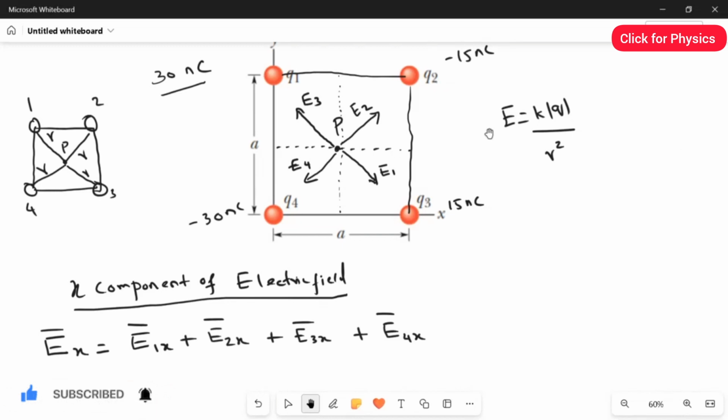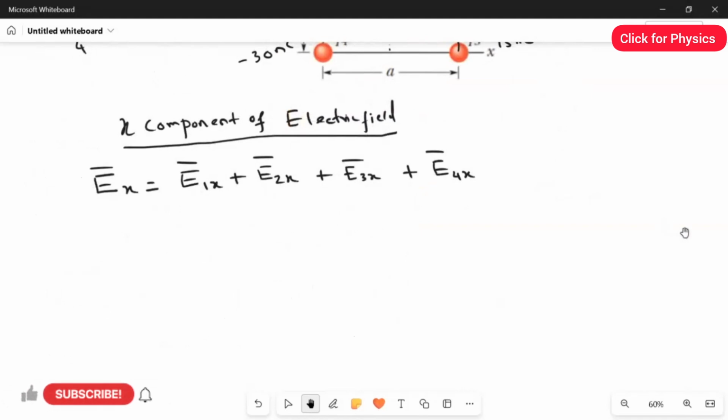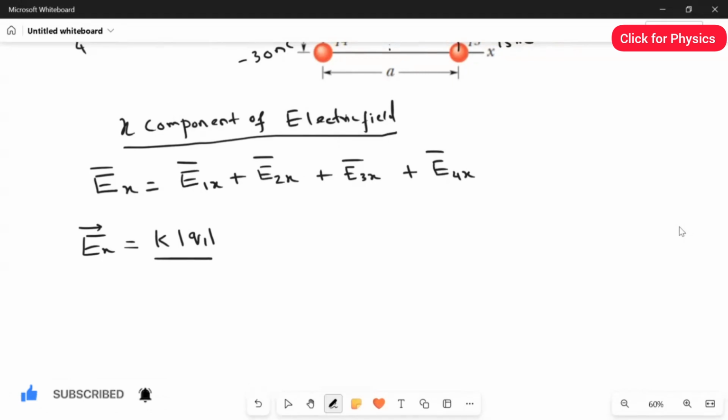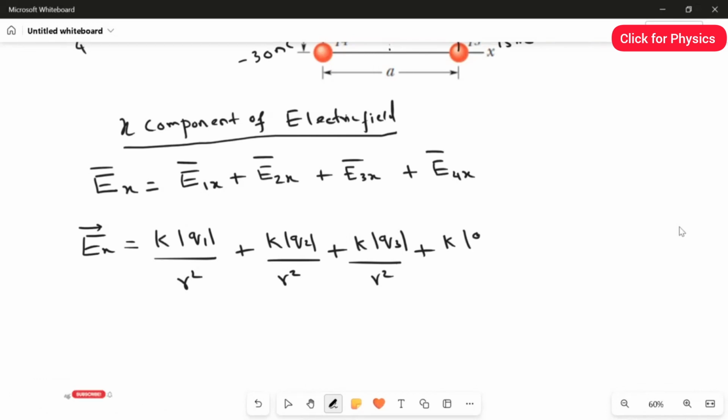Now I am going to substitute this formula. If you substitute, what you will get? E of x vector is equal to K magnitude of the first charge divided by r square, plus K magnitude of the second charge divided by r square, plus K magnitude of the third charge divided by r square, plus K magnitude of the fourth charge over r square.